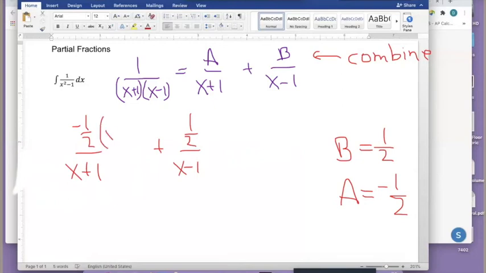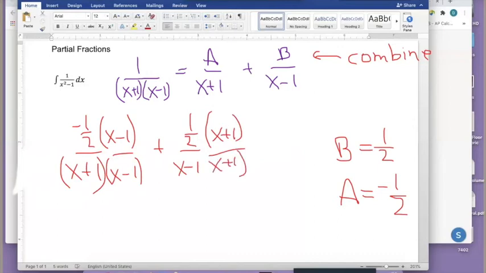Let's multiply the first by x minus 1 over x minus 1, and for the B term, same thing, and we're just going to add these up, x plus 1 over x plus 1. You don't have to ever do this again. This is just convincing you that this actually works.